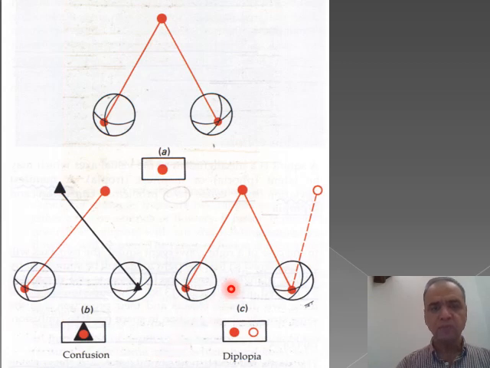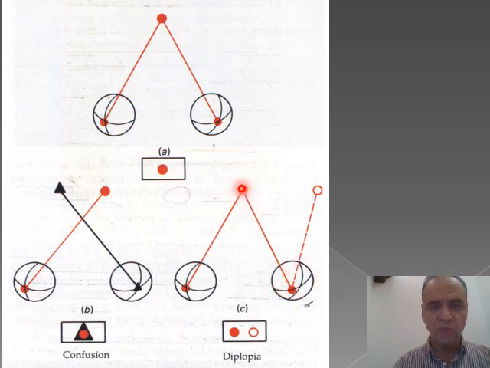Sometimes, also in this example, we have right esotropia or right convergent squint. The red object stimulates the fovea of the left eye because the left eye is straight, but this red object also stimulates another area on the nasal retina of the right eye because that eye is deviated.